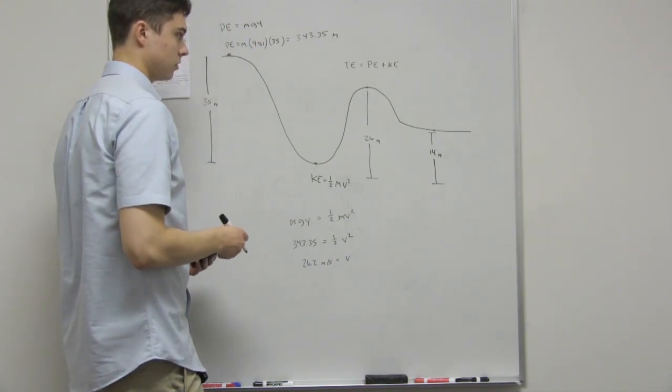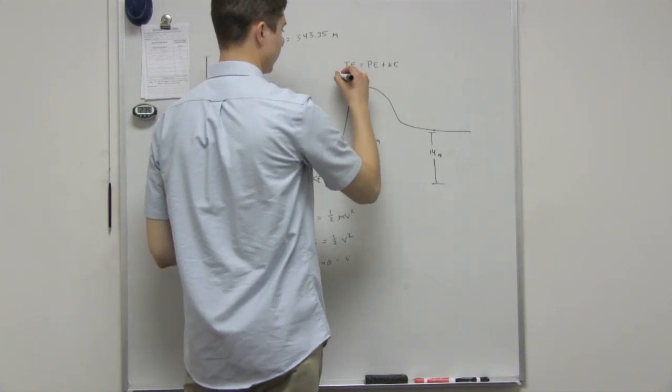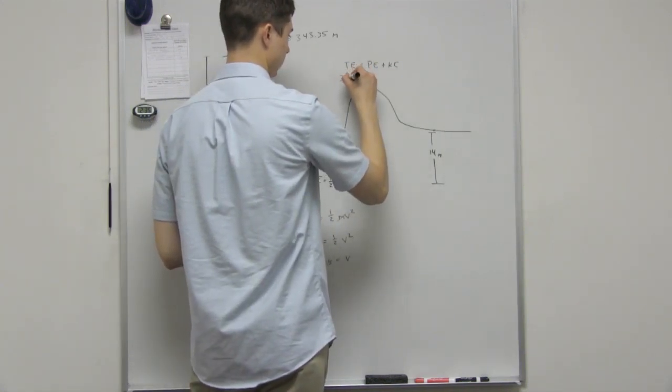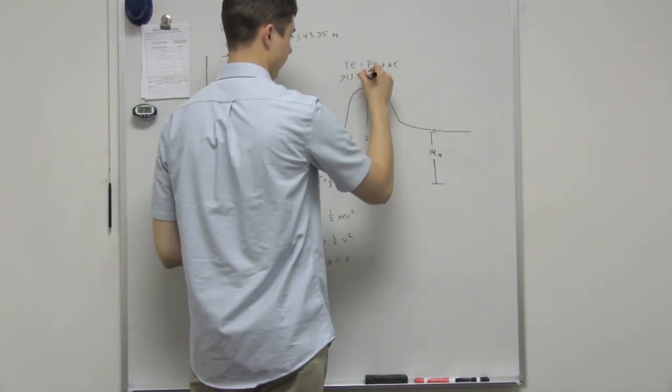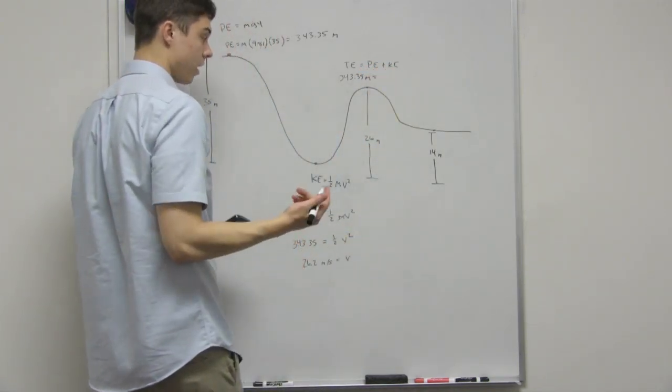So our total energy we can express as 343.35 M. Then we'll have to do 26 times 9.81 for the potential.